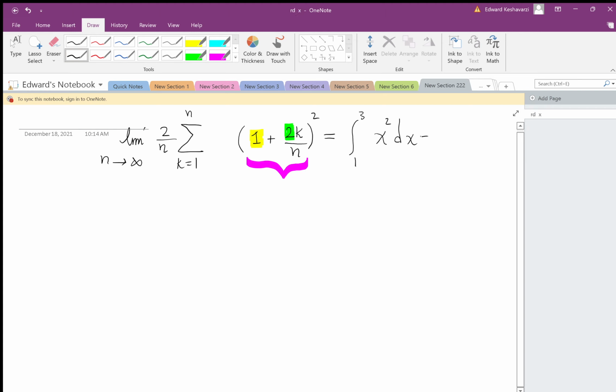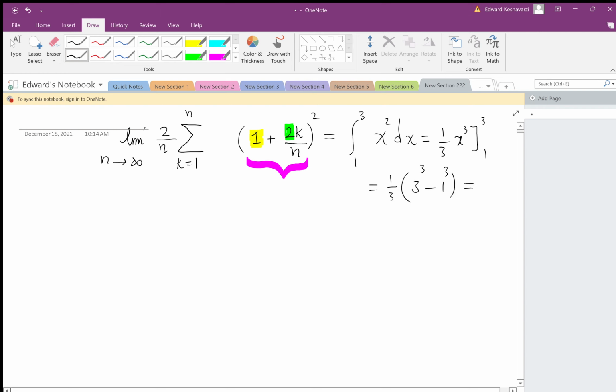So obviously you know that integral of x squared is 1/3 x cubed from 1 to 3. So 1/3 times 3 to the power of 3 minus 1 to the power of 3. 27 minus 1 is 26 over 3.